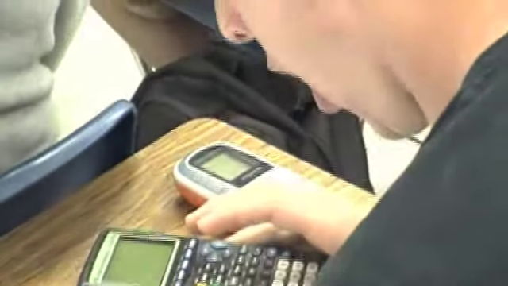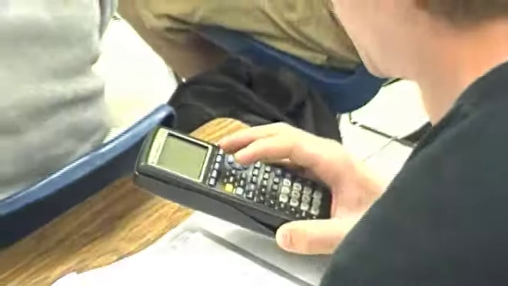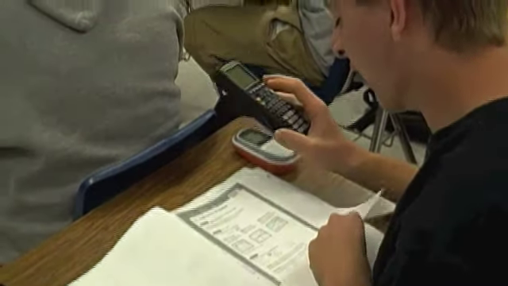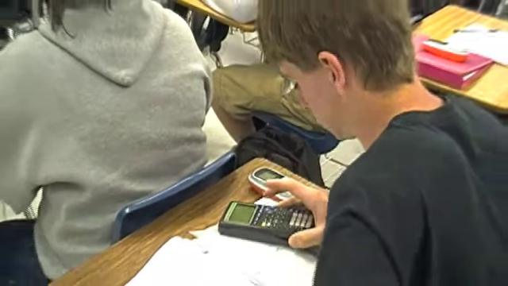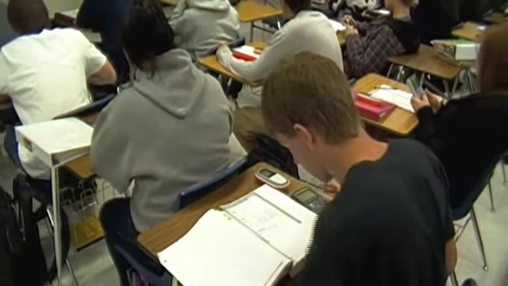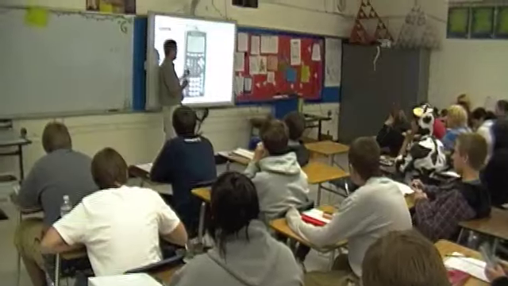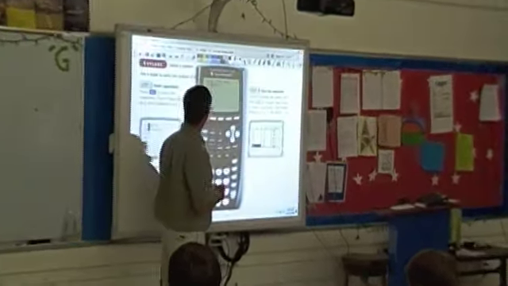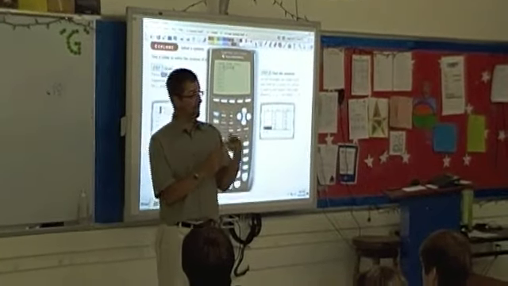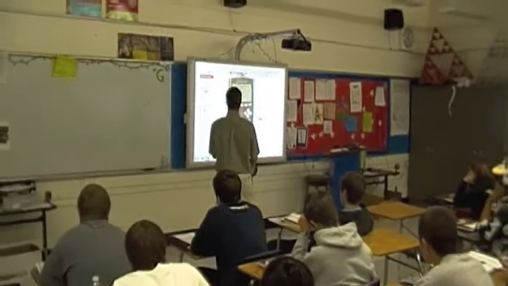We want to put a variable in there for x, and just diagonal of the blue second key, you'll see an X,T,theta,n key right here. This is your variable key. You just push it and it'll put an x in for you. There's no reason to use alpha or anything. That's always the one that we'll use, is the x key. And then go plus 4. Now you've given that calculator a piece of information about what line you're talking about.